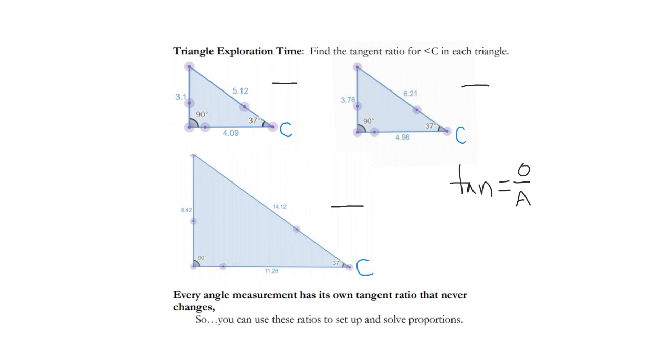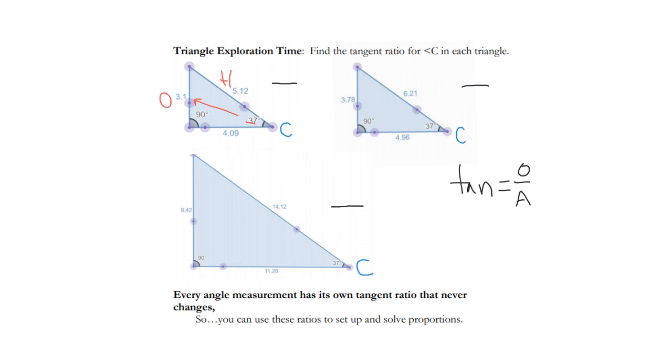To do that, I want to remind you, we're going to go ahead and put in some labels. On the previous screen, I had written HYP for hypotenuse, OPP for opposite, and ADJ for adjacent. A lot of times we will simplify that even further and put an H for the hypotenuse. Again, notice it's across from the 90-degree angle. And based on our reference angle of 37, opposite is over here.